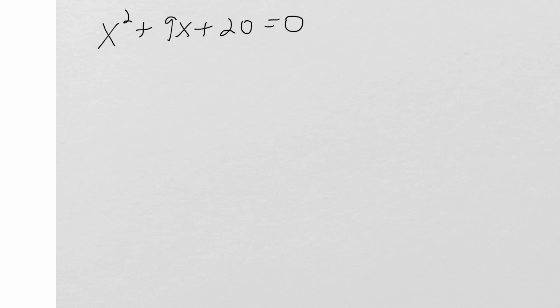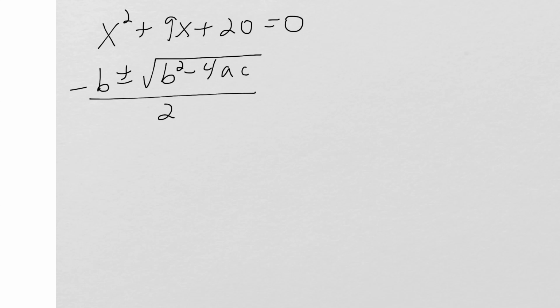Sometimes it helps to write the formula out first: negative b plus or minus the square root of b squared minus 4 times a times c, all over 2a. And then start plugging values in. Remember that a is what's in front of the x squared term, that would be the understood 1. B is what's in front of the x term, that would be 9, and c is the constant 20.